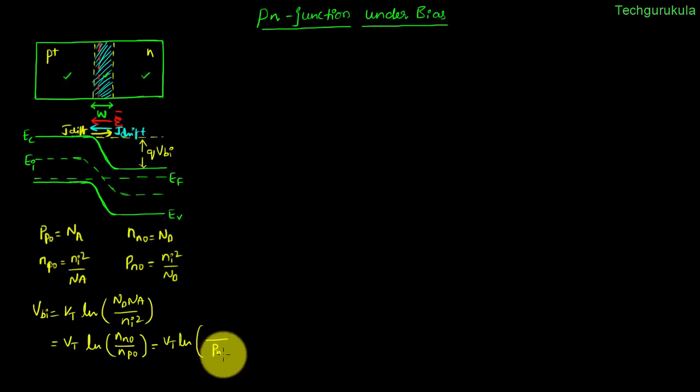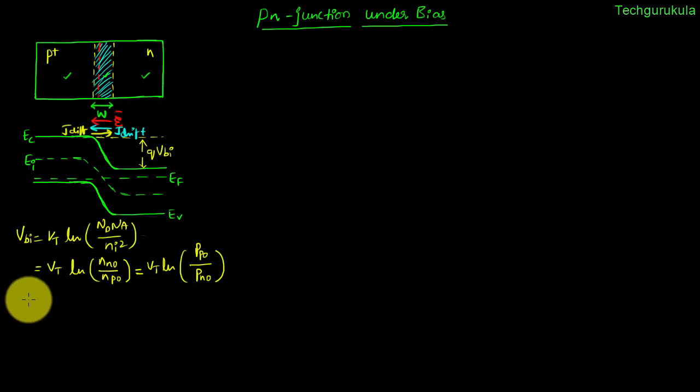So divided by Pn naught, and Na is nothing but Pp naught. We can rewrite this expression as Nn naught is equal to Np naught times e power Vbi over Vt. And we can also write this as Pp naught is equal to Pn naught times e power Vbi over Vt.